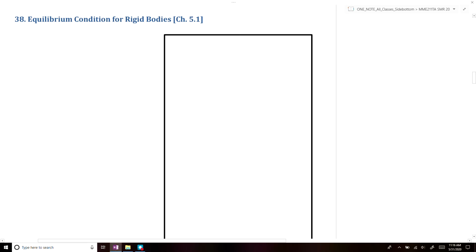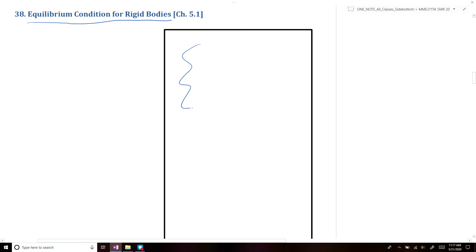So we're moving on to chapter 5 in Hibbeler, and in chapter 5 it discusses the equilibrium of rigid bodies. If we have a rigid body, it could be any shape, size, whatever, as long as it's rigid, and this rigid body has a system of forces applied to it.